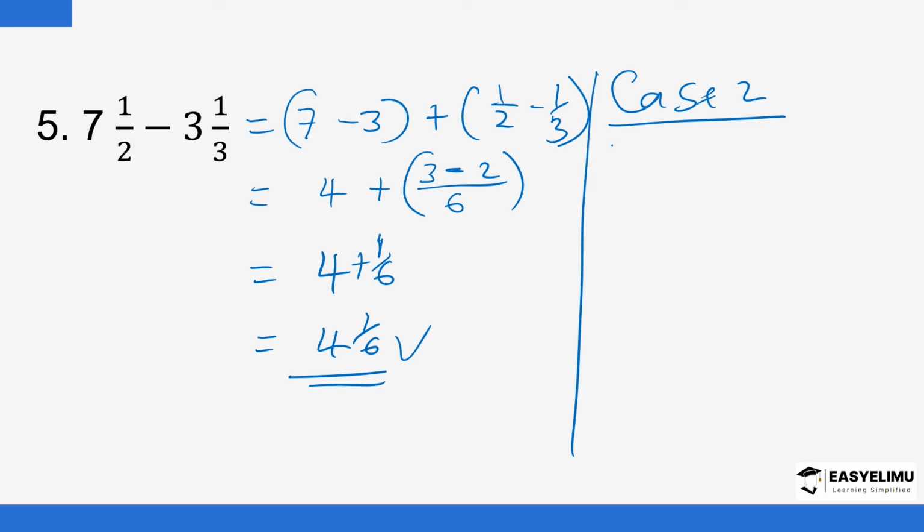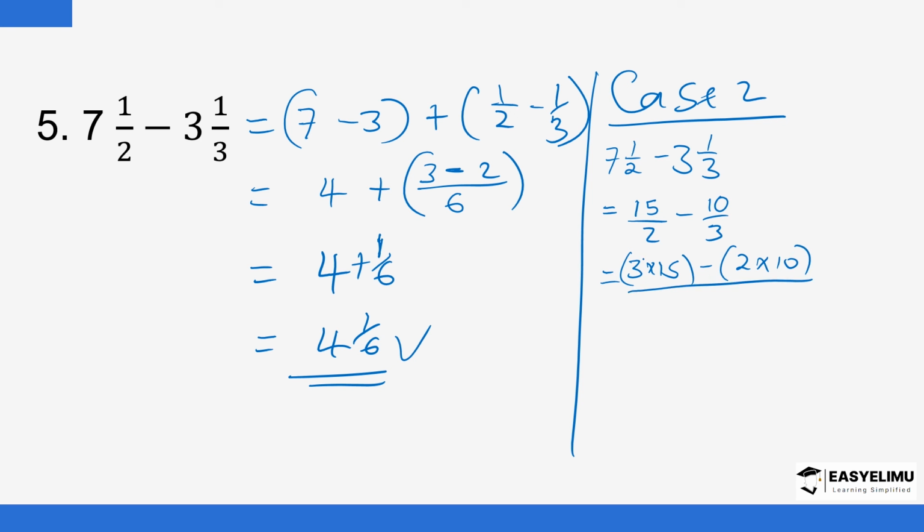So we have 7 1/2 minus 3 1/3. So what we have is 15 over 2. Again, 3 by 3 is 9 plus 1 is 10, so 10 over 3. So we're going to use cross multiplication. So 3 by 15. Remember, all the time you have to start with this diagonal here. Minus 2 by 10.